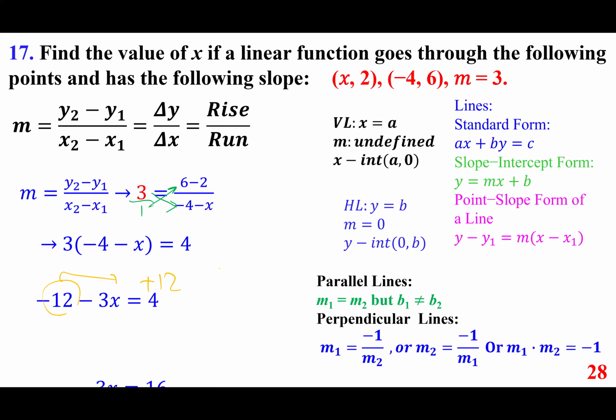We add 12 to both sides, and we divide by negative 3, so x becomes negative 16 thirds, everybody. Negative 16 thirds. Very straightforward. I hope everybody's okay with that.